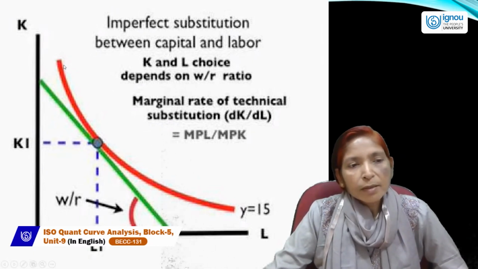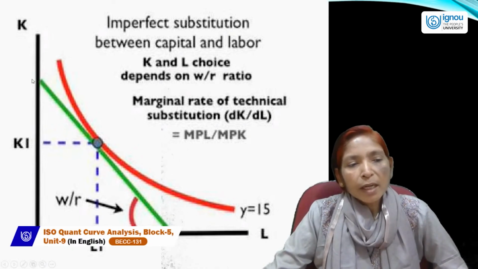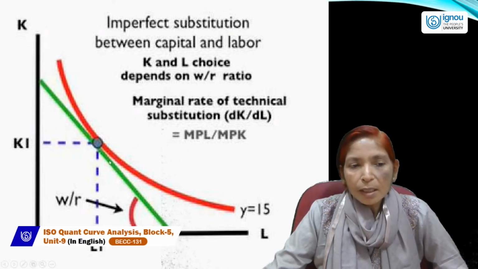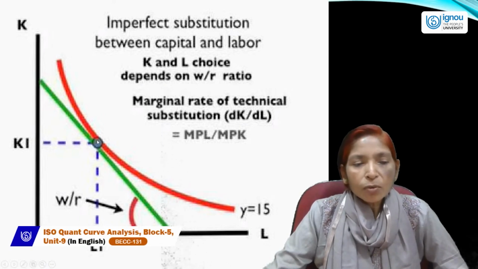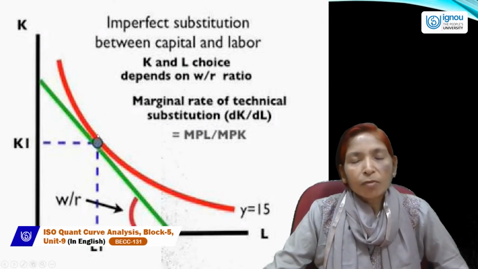Here this red line shows the isoquant curve and the straight, negatively sloped green line is showing the isocost line, and where both curves are tangent to each other, here we can get producer equilibrium.